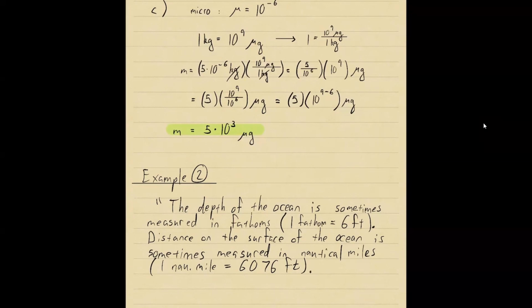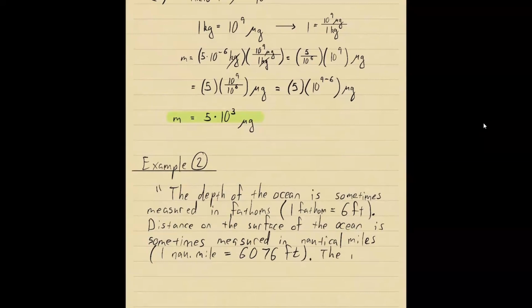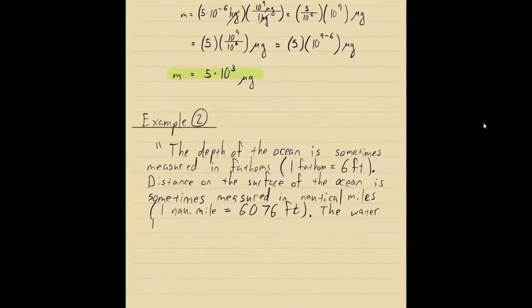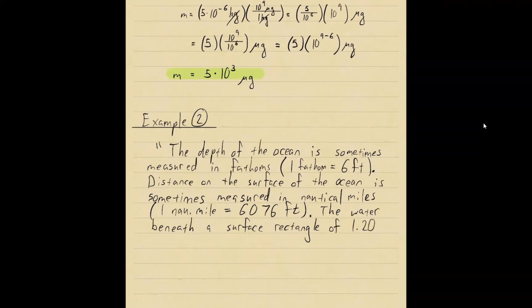So the problem continues that the water beneath a surface rectangle of 1.2 nautical miles by 2.6 nautical miles has a depth of 16 fathoms.